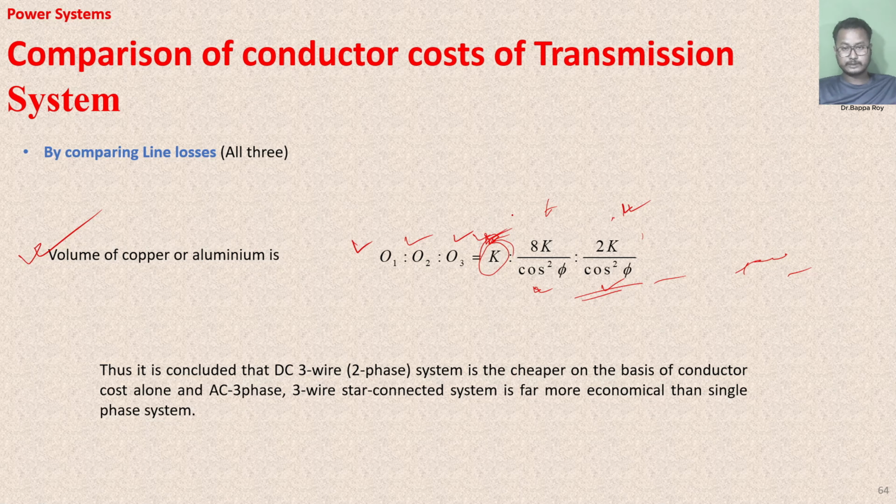But if we leave this DC system, this first one is the DC system, we just compare these two. This one is three star connected, three conductor. This one is two conductor. Here, this value is giving the less volume. That means if we install this three-phase connection in an overhead transmission line, we need less volume of conductor.